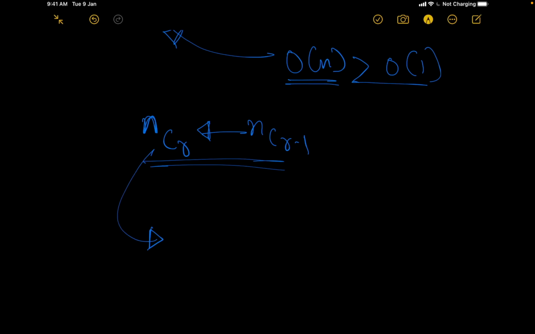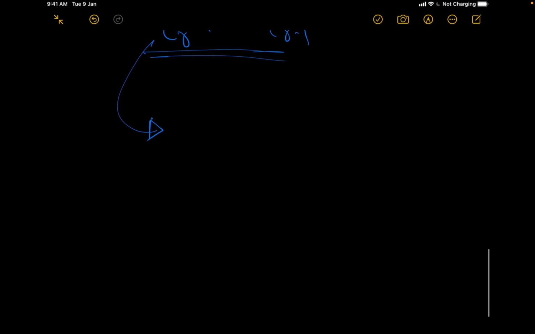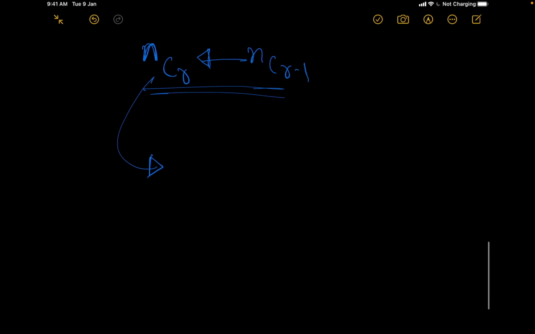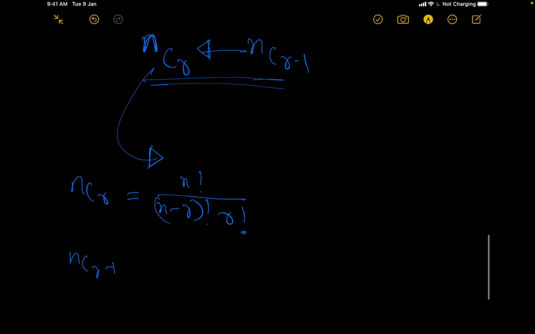Okay, so now for this, let's try to derive this particular formula. Although this formula is pretty well known, just for understanding, let's derive it over here. So NCR is n factorial by n minus r factorial into r factorial. NCR minus 1 is n factorial by n minus r plus 1 factorial into r minus 1 factorial. Let's expand this term a bit.